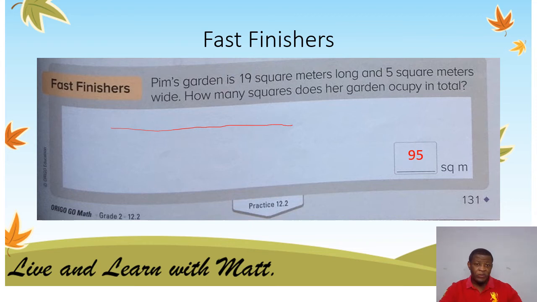I mean a rectangle, not a square. So to depict Pim's garden, split it into 10 and 9. And this will be 5. 5 times 10 is 50. 5 times 9 is 45. 50 plus 45 will give us 95.